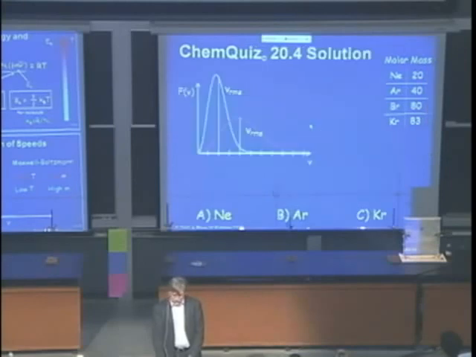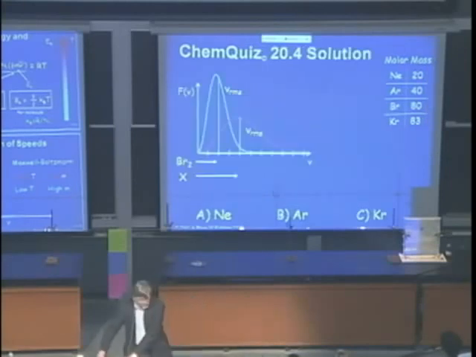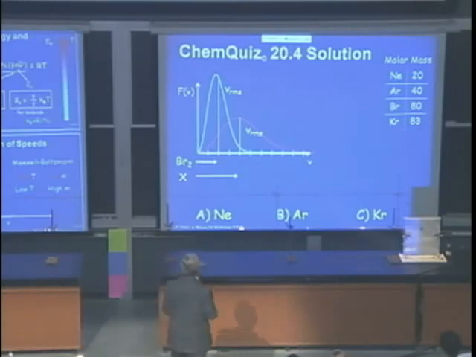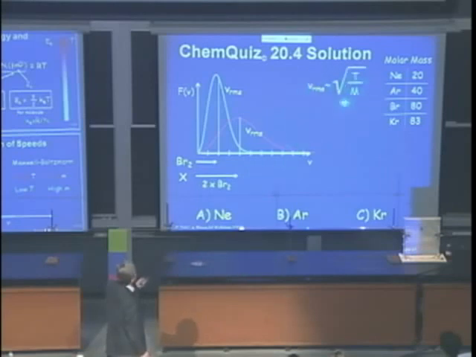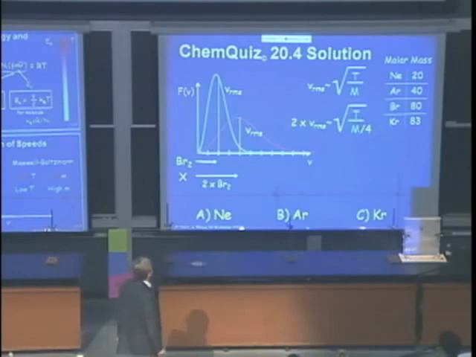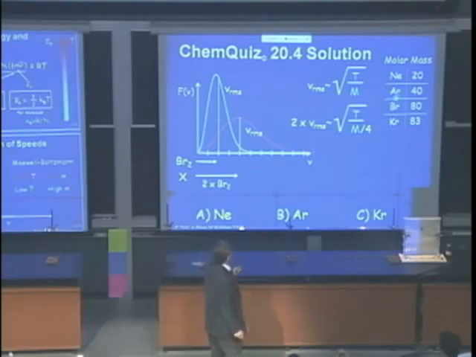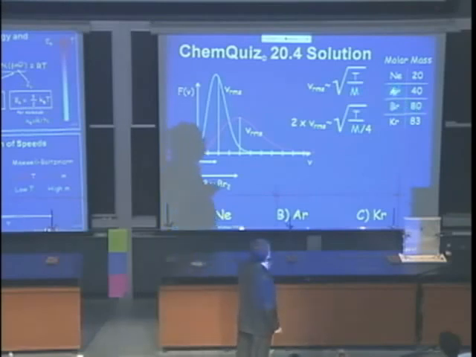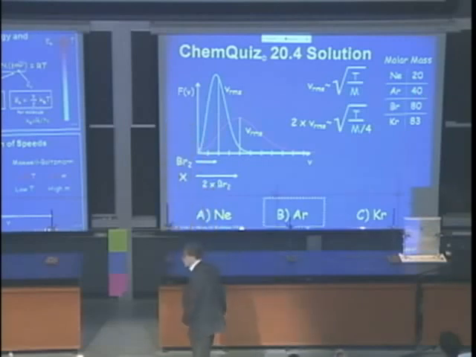So this would be bromine, and this is 2 times the velocity of bromine. We put this in here, that would be bromine, and so we need to have 1/4 of this. The fourth would go in here. That would be twice the speed. Bromine was 160, a quarter of that is 40. Argon is monoatomic, so it's got to be argon. Oh yeah, it is argon.